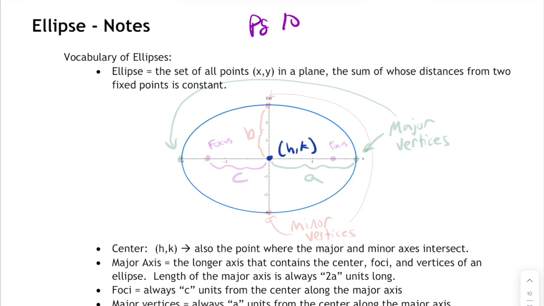An ellipse has two focuses, which we call foci. And those are going to be c units from the center. So if we have the longer axis there, that's a focus, and that's a focus, and the distance there is c.